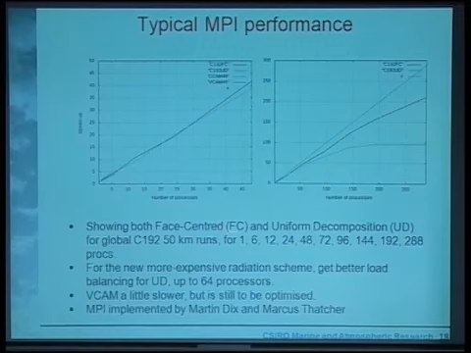It seems a strange thing to do, but for load balancing it helps in some situations, as the sunshine is spread over all the processes. I normally do this face-centered, but my colleague Marcus likes uniform, since with an expensive radiation scheme you get better load balancing. But once you go above 64 processes, you're better to go back to face-centered.